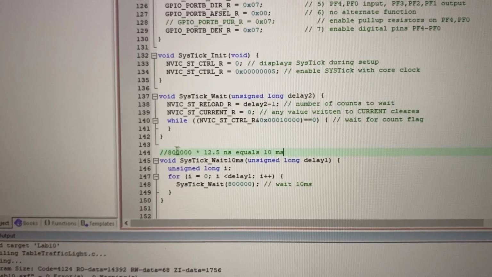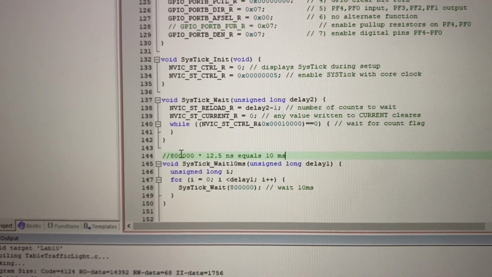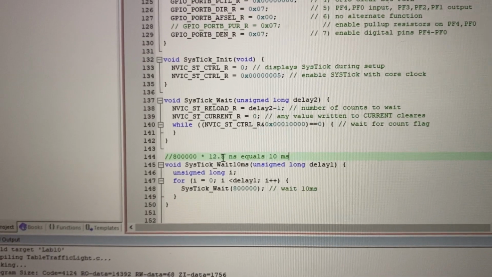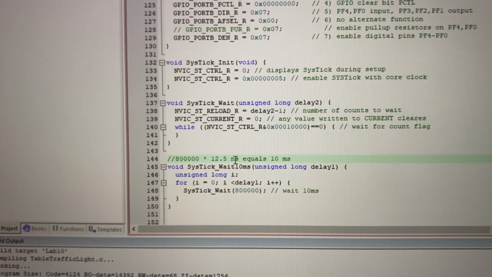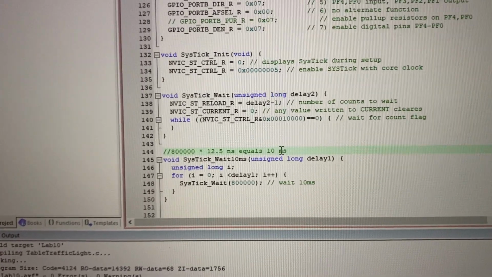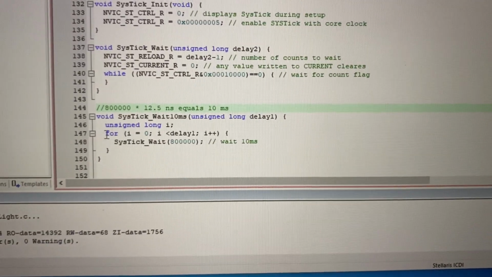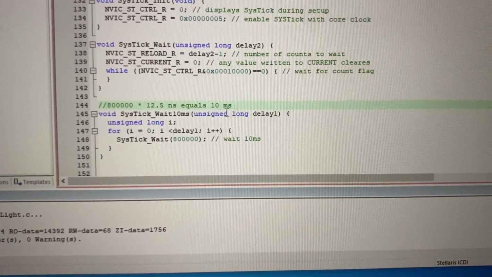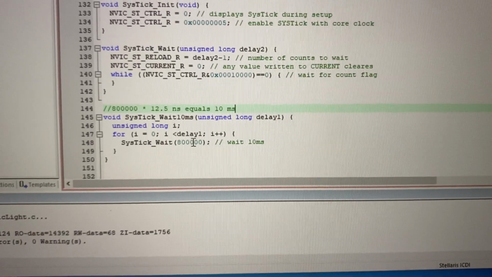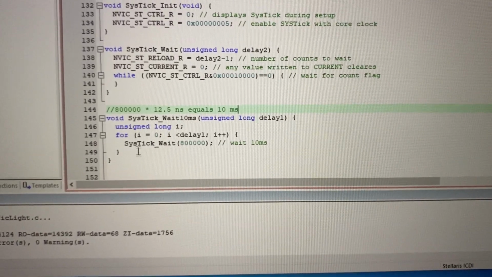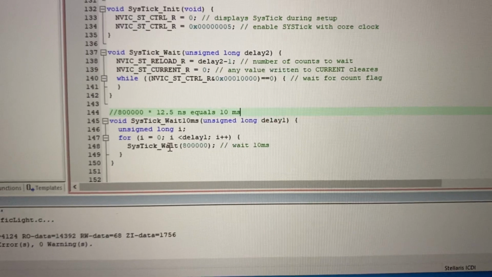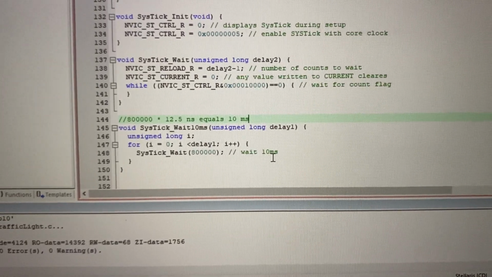So in this case, we multiply this number, 800,000, times 12.5 nanoseconds, which essentially represents the tick, to get 10 milliseconds. Then, as you can see here, we have a delay one, which is going to be 80,000. This delay continues until we reach the delay we desire, in this case, 10 milliseconds.